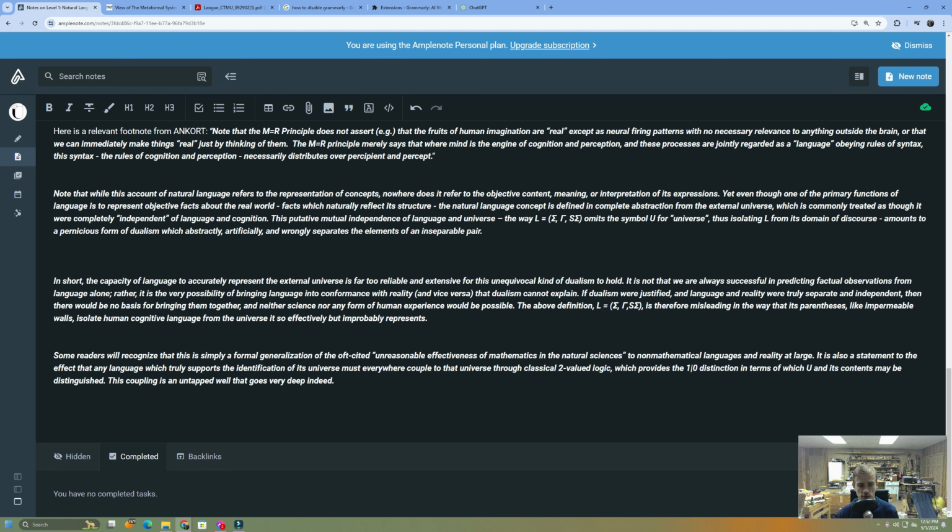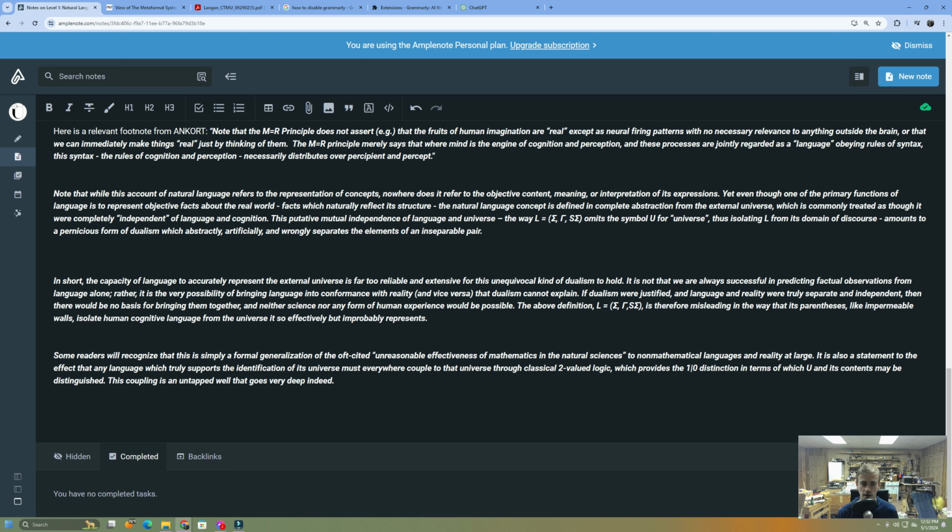So some readers will recognize that this is simply a formal generalization of the oft-cited unreasonable effectiveness of mathematics in the natural sciences to non-mathematical languages and reality at large. Yes, exactly. How can we even talk about reality with English if language and reality were not coupled in a fundamental way?